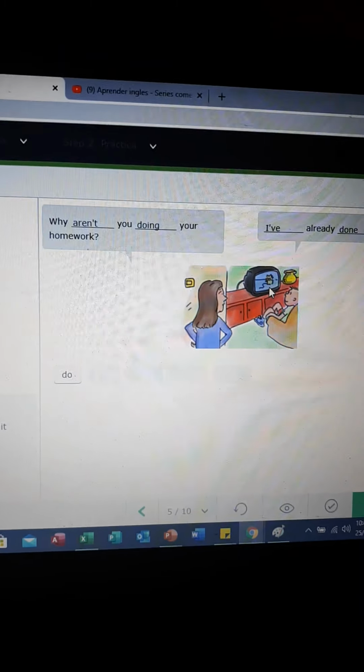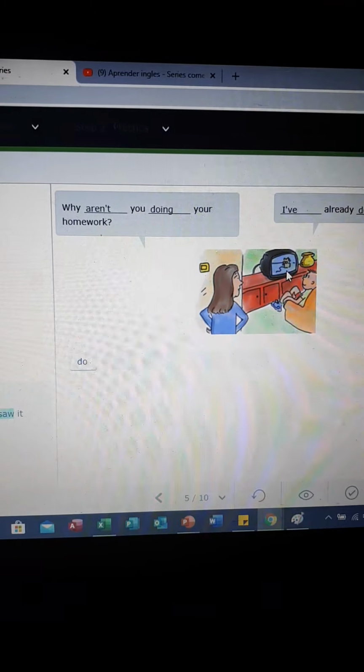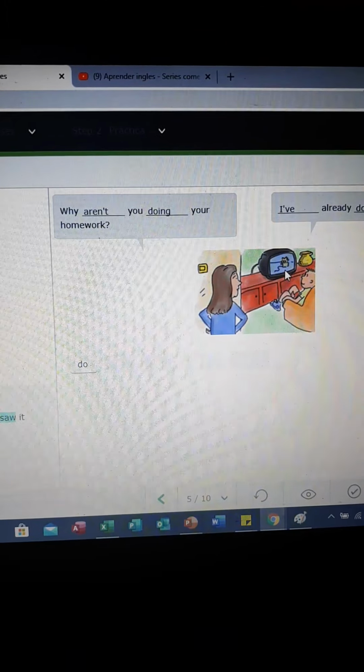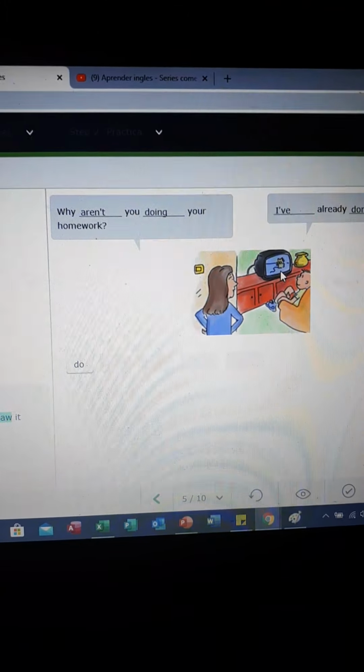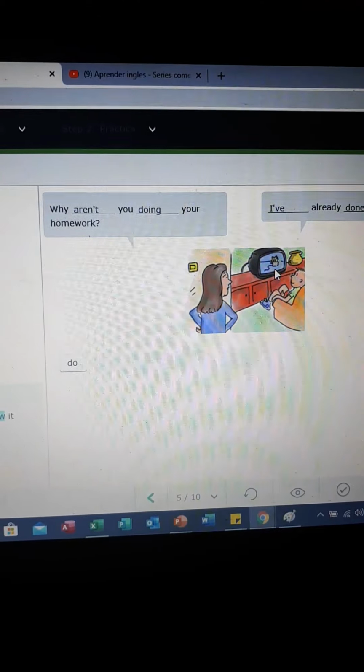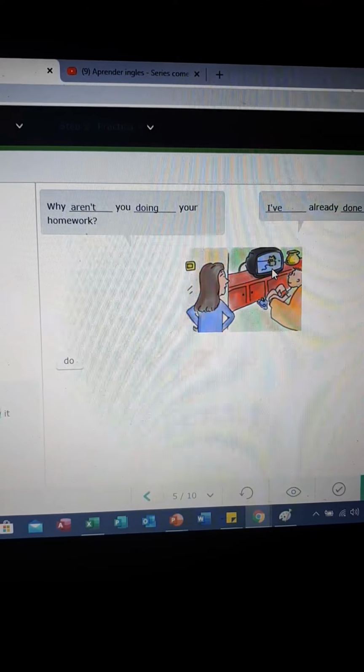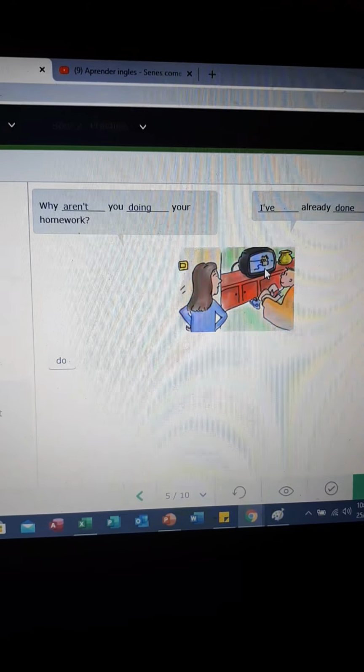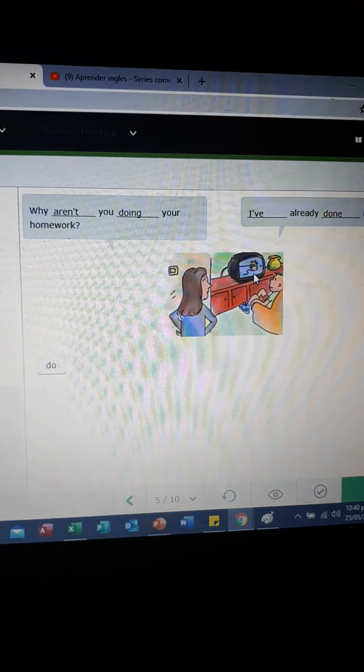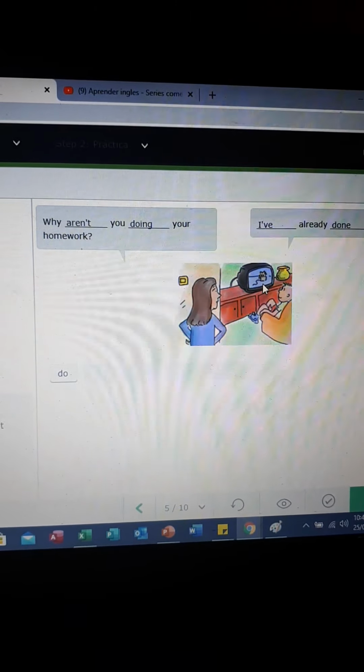So, three things. You need to identify the auxiliary. You need to identify if it is present, if it is past. You need to identify if it is positive, if it is negative. You need to identify if it is a question or a statement, okay?